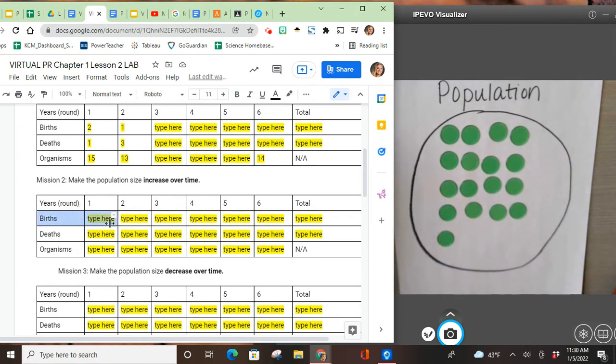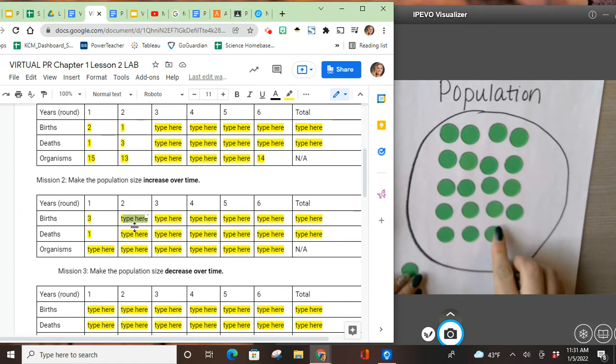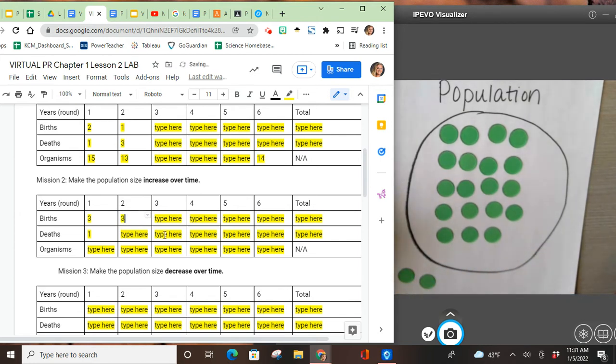Go ahead and type in 3 births. And I'm going to say only 1 death this year. Year 2, let's give it another 3 births. Lots of happy meerkats, lots of meerkat babies. And this year we're going to only have 1 death.